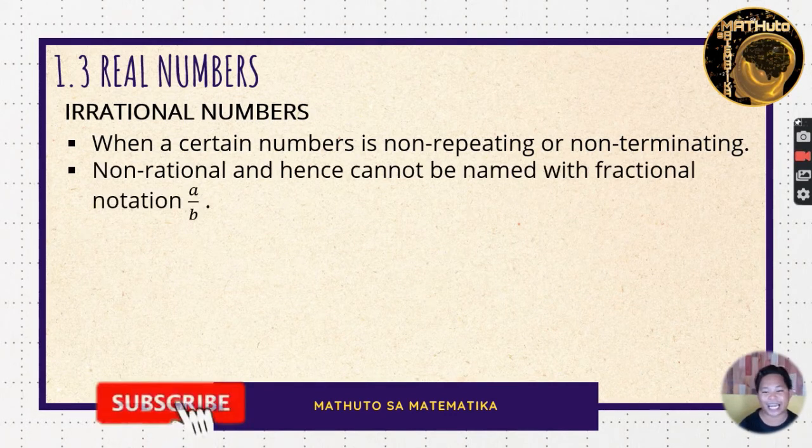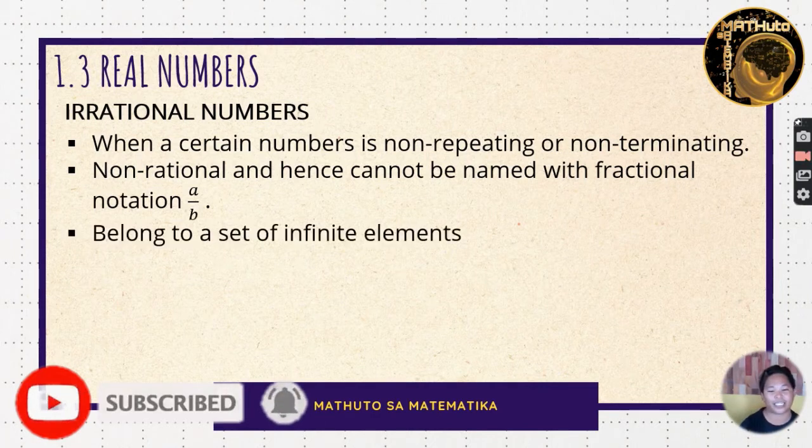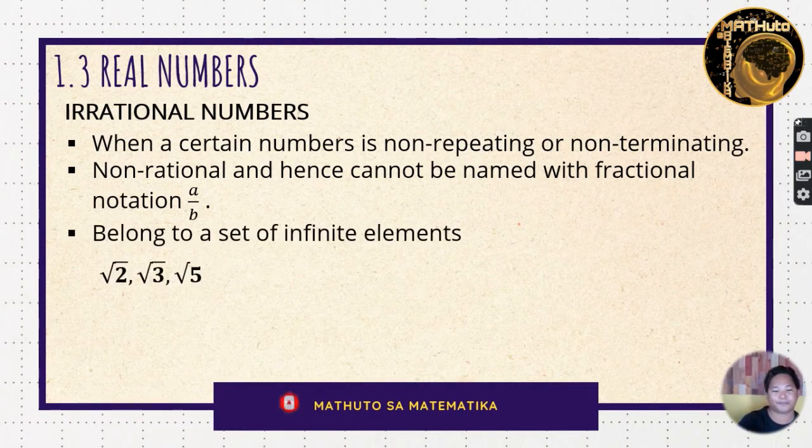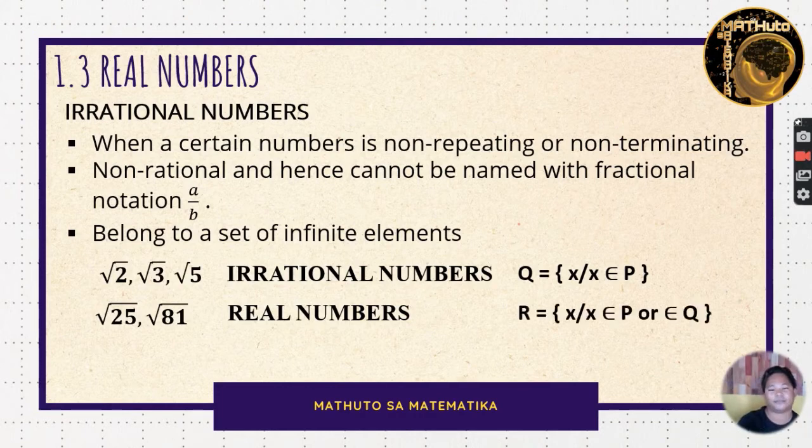Non-rational and hence cannot be named with fractional notation A over B and belongs to a set of infinite elements. So we have square root of 2, square root of 3, square root of 5. This is an example of irrational numbers. Square root of 25 and square root of 81 are real numbers. Since the square root of 25 is 5 and the square root of 81 is 9.